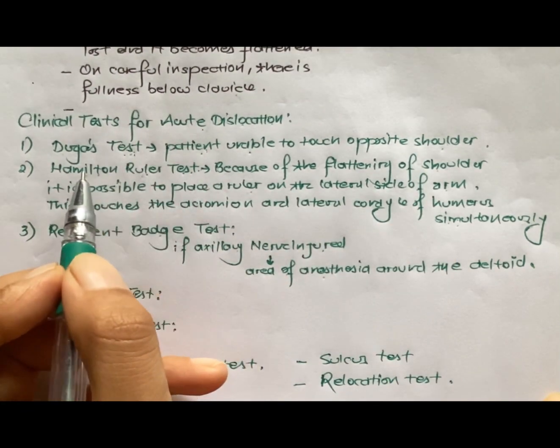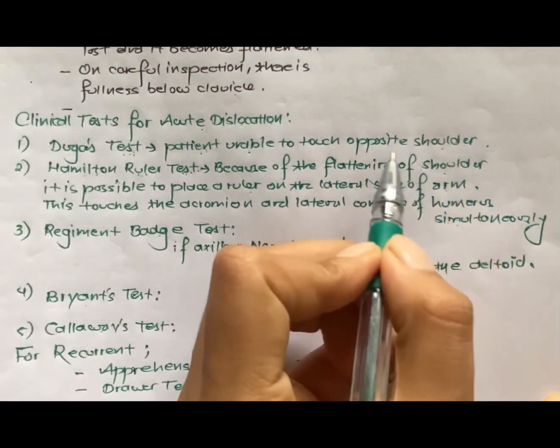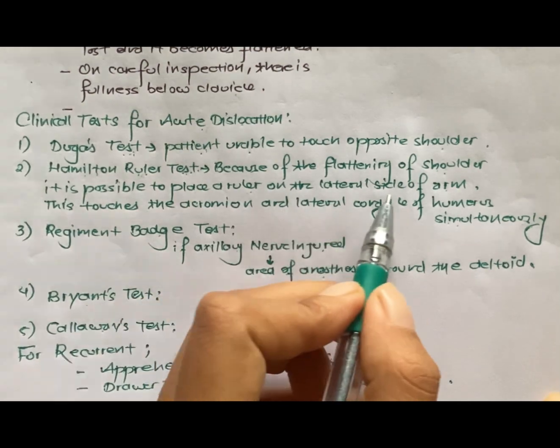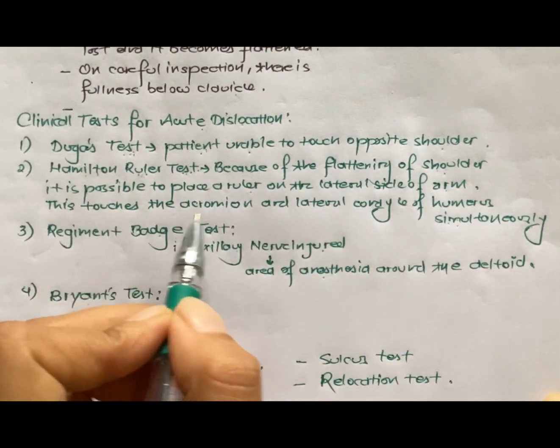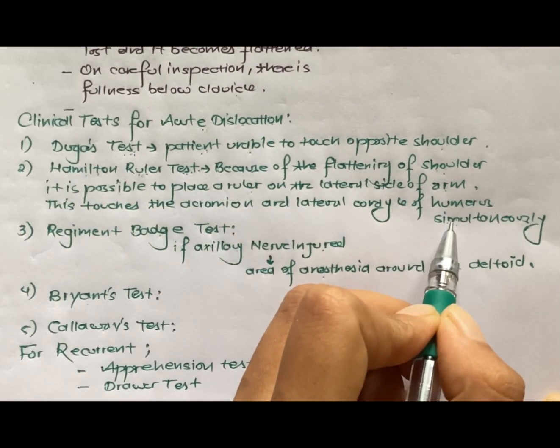And now talking about the Hamilton ruler test, because of the flattening of the shoulder, it is possible to place a ruler on the lateral side of the arm, and this touches the acromion and lateral condyle of humerus simultaneously, so this is positive.